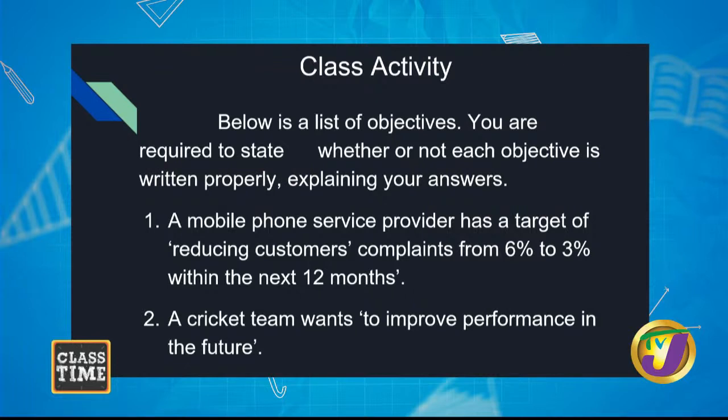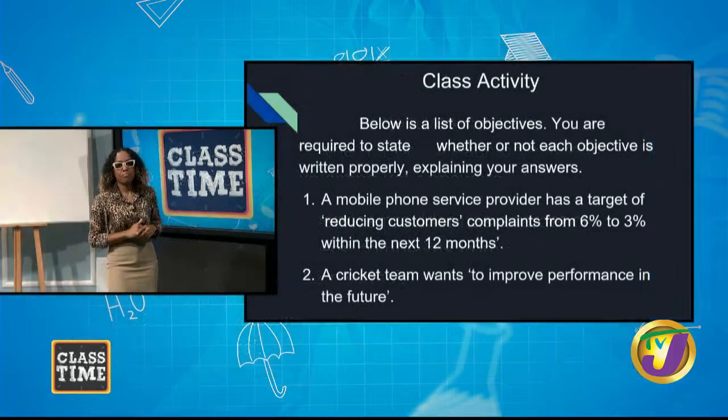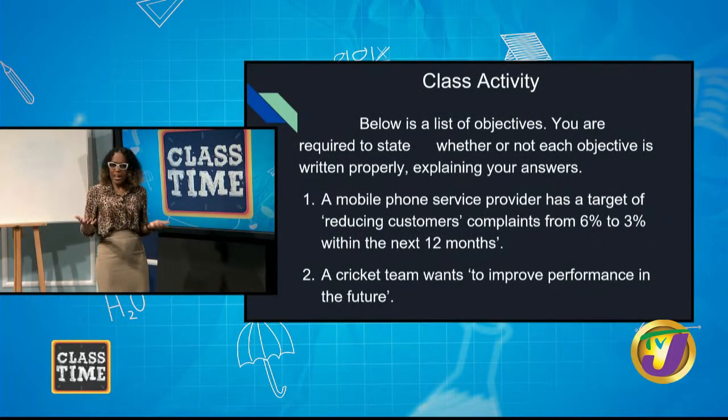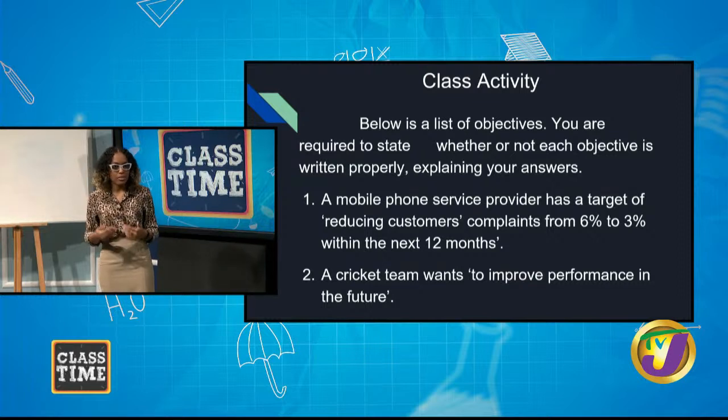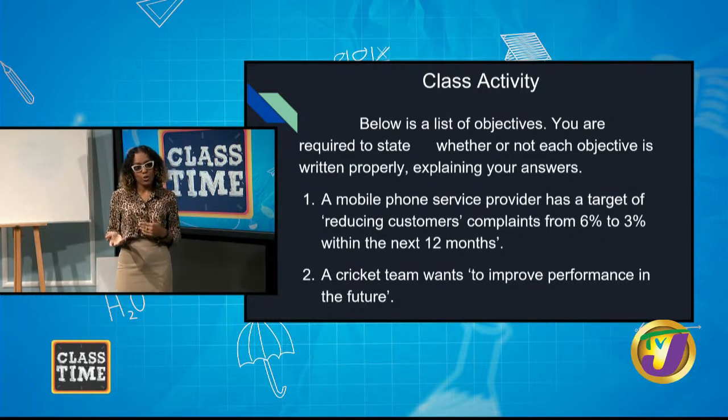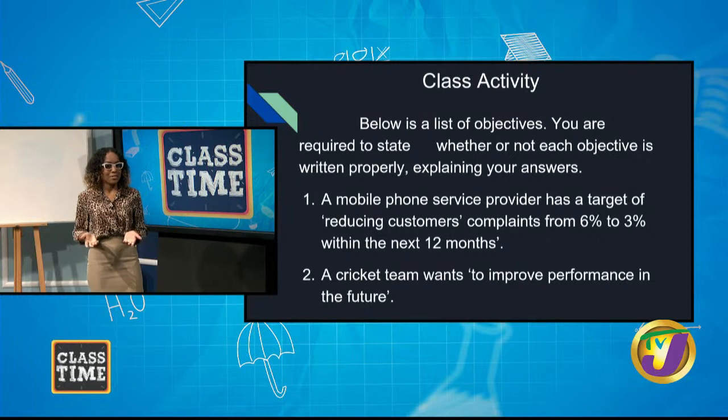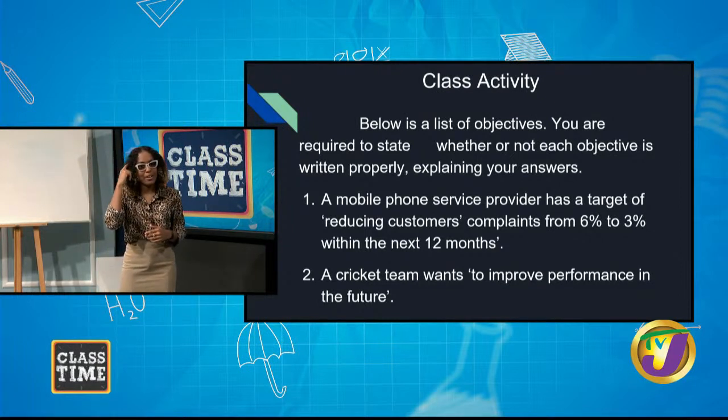Do you think this is a SMART objective? Very good. Yes, indeed, this is a SMART objective. But why do you say it is? Remember now, in Miss Taylor's class, you cannot just say yes or no. You must explain your answer, because I want to know what's up.